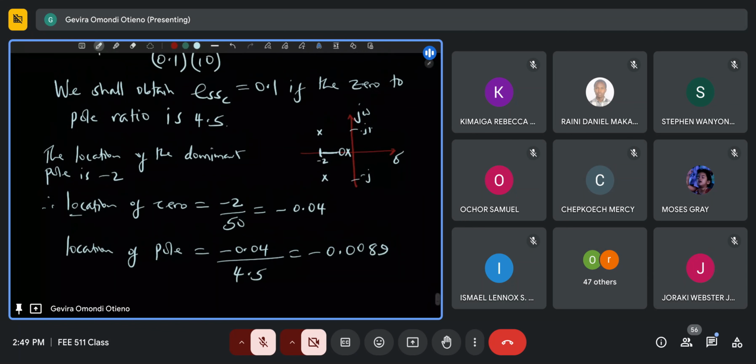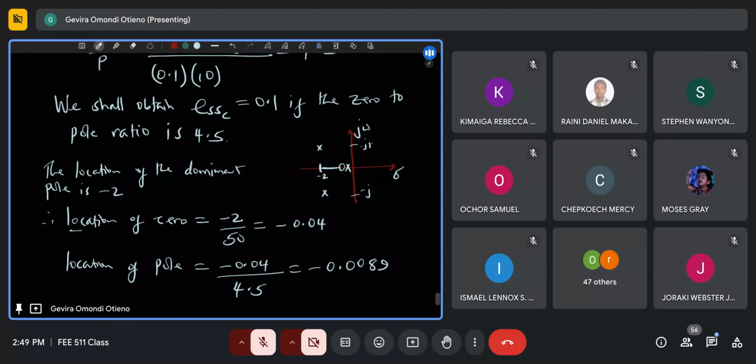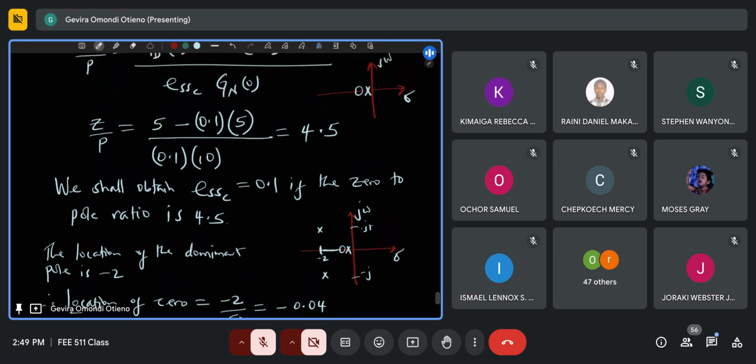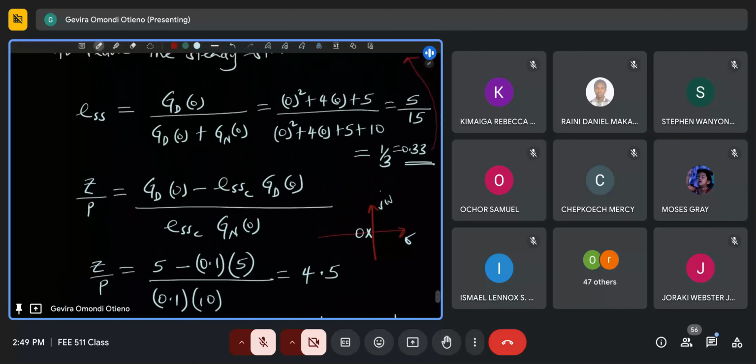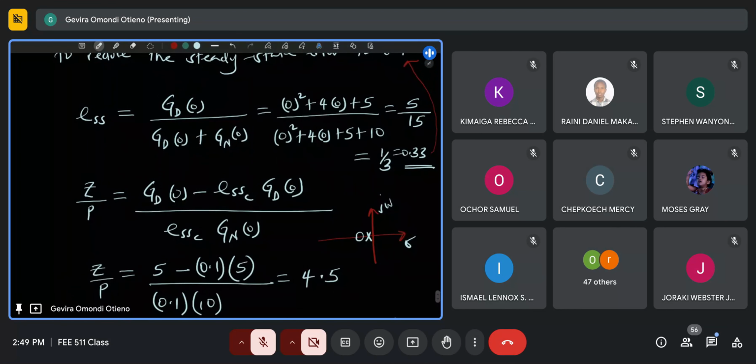So notice that the way we determine the pole and the zero location for the lag compensator is totally different from when we are using the lead compensator. Here, we have made certain assumptions. One, we have decided to use the zero to pole ratio formula so that we know how far the zero should be to the pole.